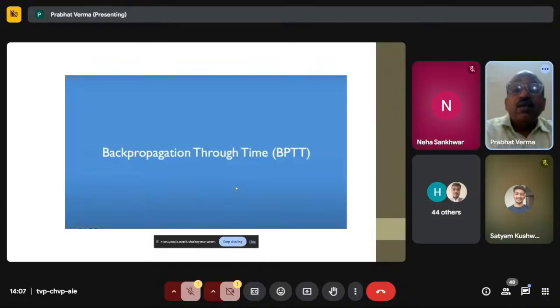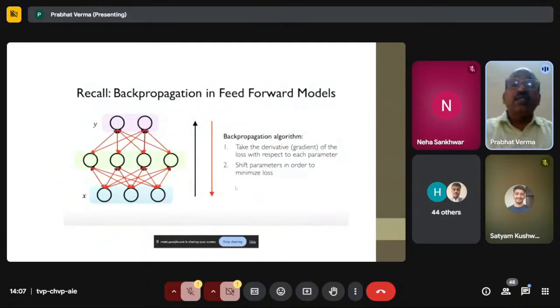Next, let us come to backpropagation through time. But first, what is backpropagation? You know that in a feed forward neural network, you transform the values of the input parameters to the output parameter with the help of some transformation function, like the activation function, and this way you go layer by layer up to the end.